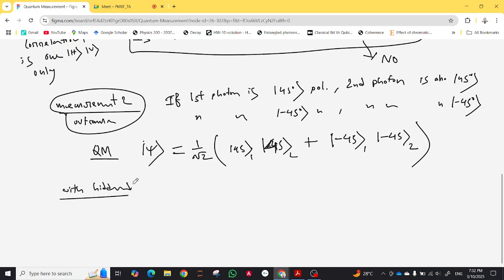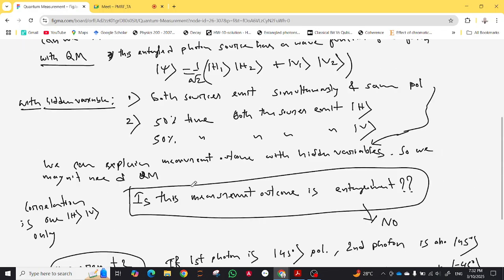With hidden variables also you can explain these outcomes. Now you have to change the rules just slightly.